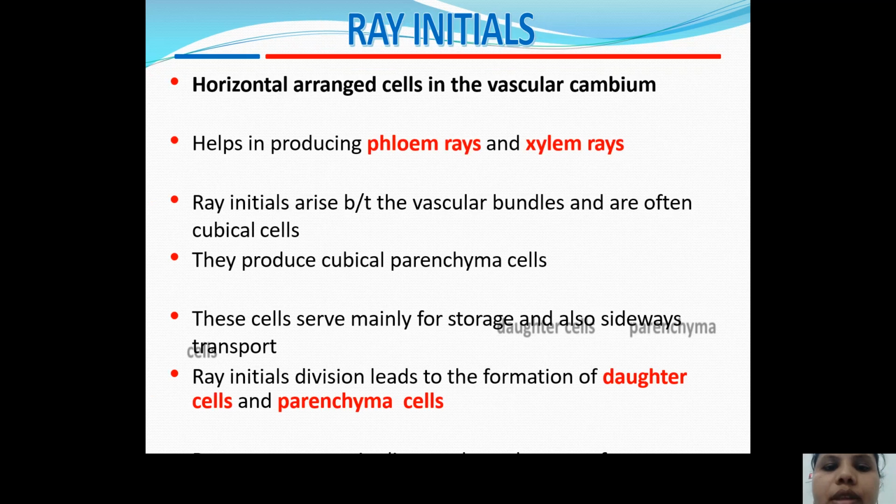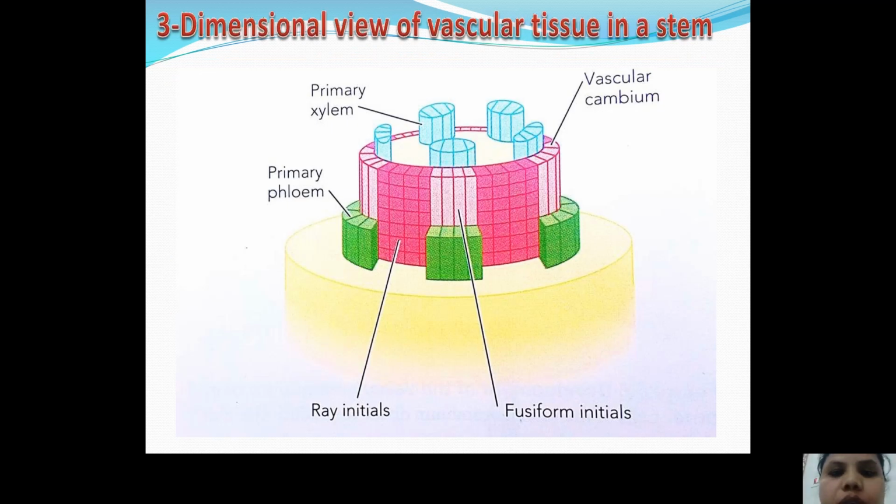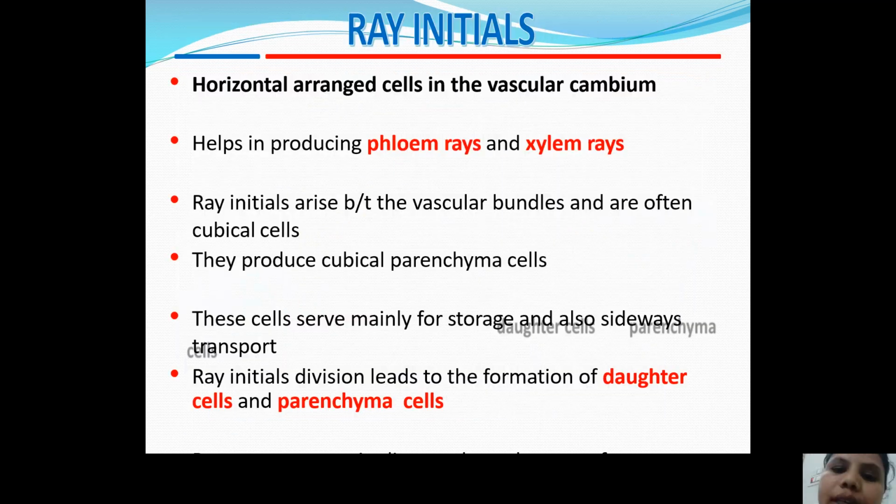Now, the other type of initials are the ray initials. These are the horizontal initials which are isodiametric in shape. Okay, the main function of these ray initials is to conduct food material.